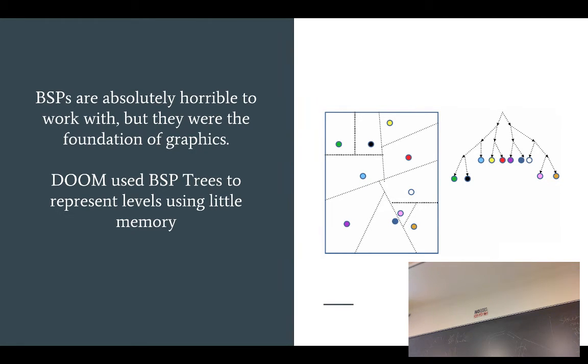Anyway. To illustrate the concept of what a BSP tree is, everything on the screen right now is in 2 dimensions. You can imagine it generalized to 3, but it's harder to visualize 3 on a PowerPoint, so we're using 2. If you have this room with all these dots being meshes, what a BSP allows you to do is create a binary partition in the space every time you want to segment your meshes out better.